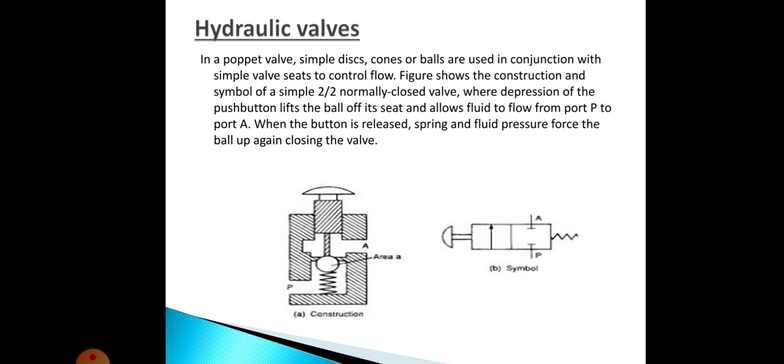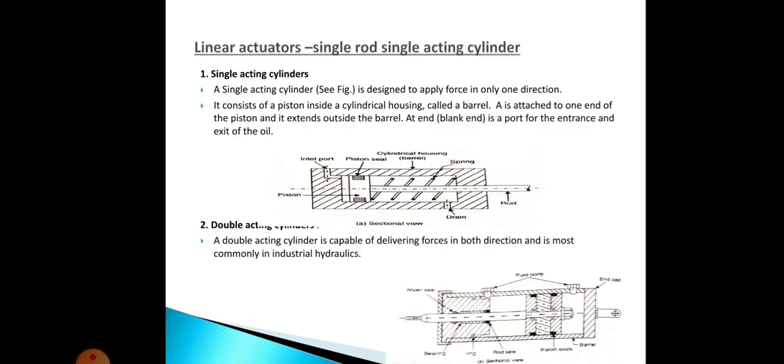The next one, linear actuators, we will see. In that, there is the single acting cylinder. A single acting cylinder is designed to apply force in only one direction. It consists of a piston inside a cylinder housing called a barrel.